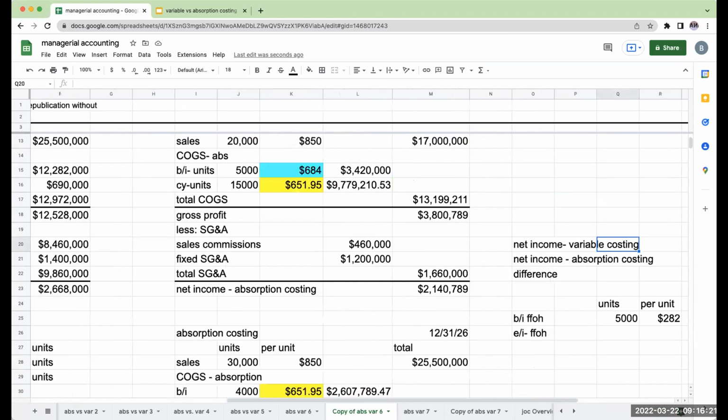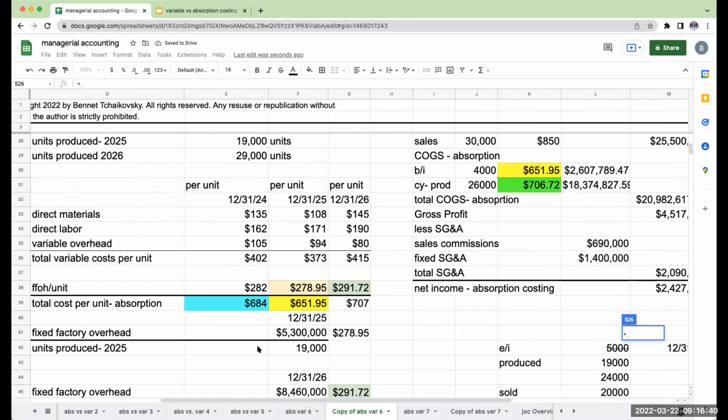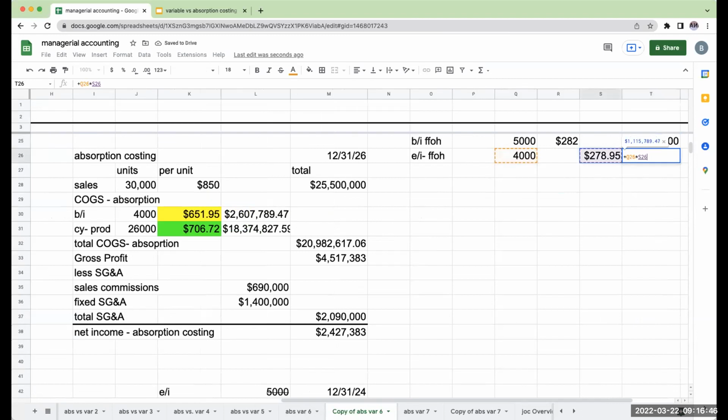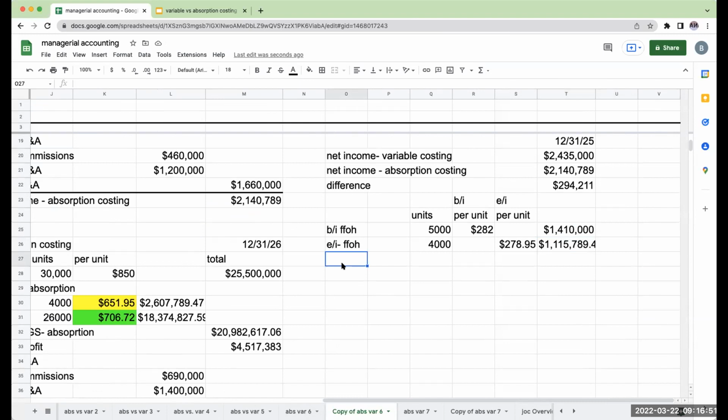So I have 4,000 units in my ending inventory. My ending inventory fixed factory overhead on a per unit basis was 278.95. When I multiply these through, I get 1,115,789. So my difference between these two is going to be 294,211. That's where the difference is coming from.